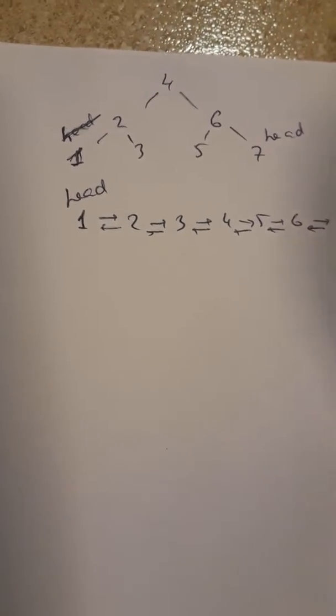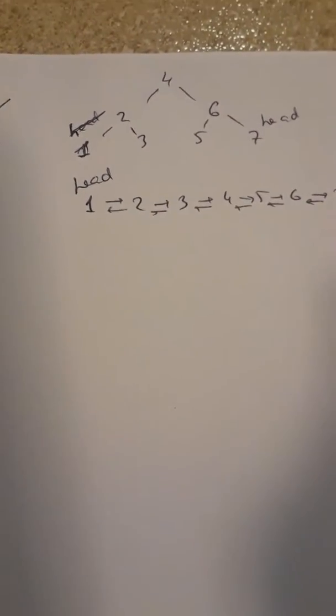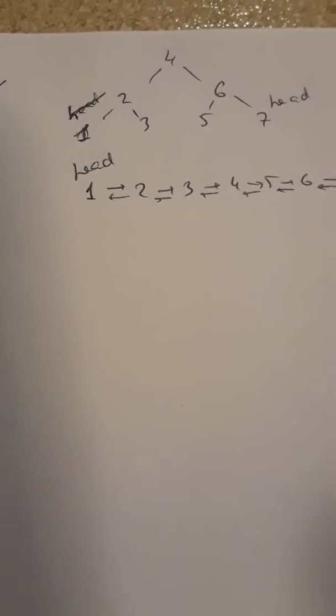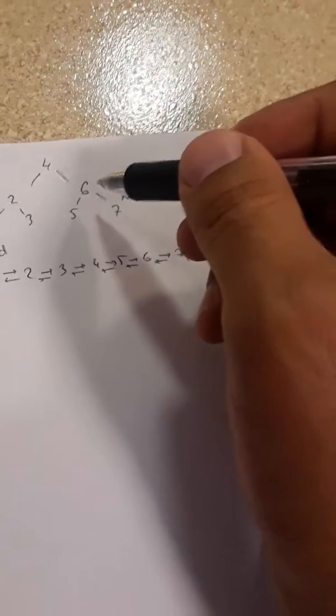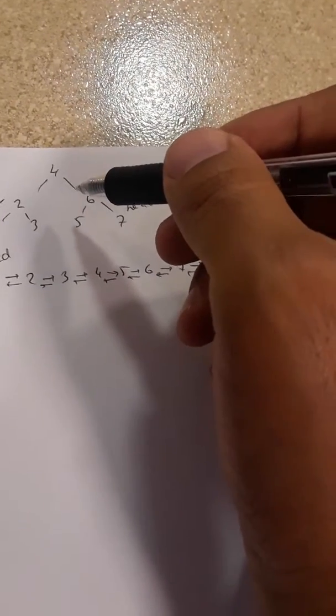So in order to avoid this problem, actually we will be using the reverse in-order traversal approach. This means that we will be applying the in-order approach starting from the right subtree rather than from the left subtree.